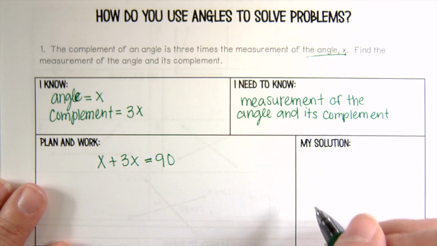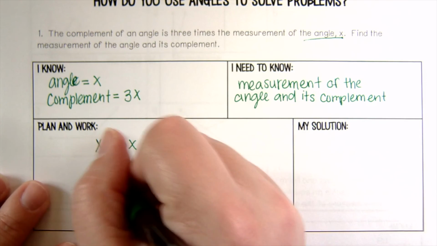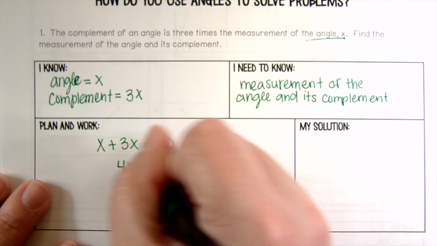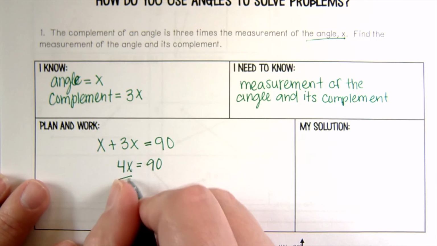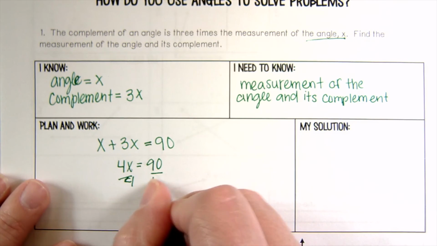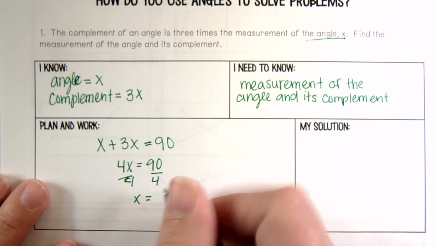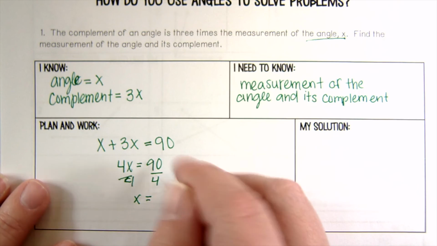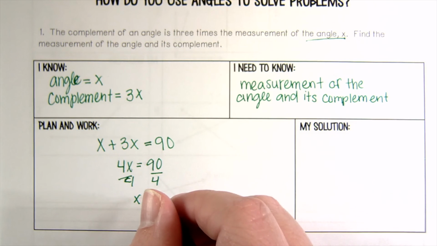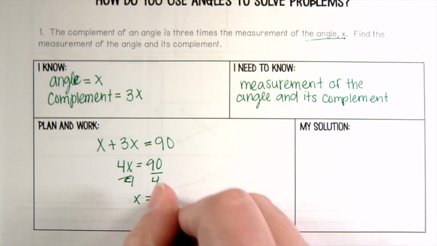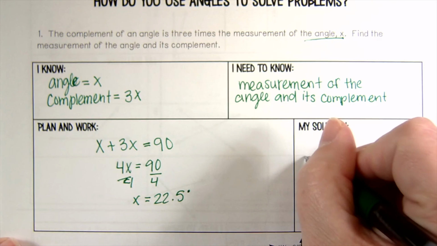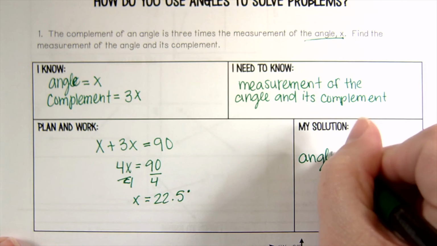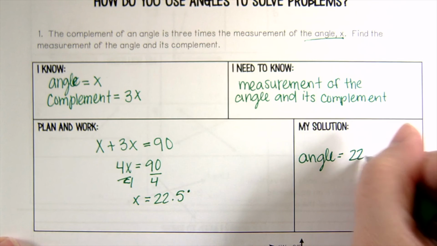Then combine like terms, and what do you get? 4x equals 90. And then what do I do next? So x equals 22.5 degrees. So what is the measurement of the angle? 22.5.